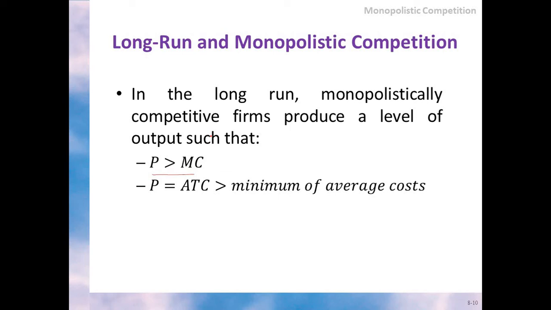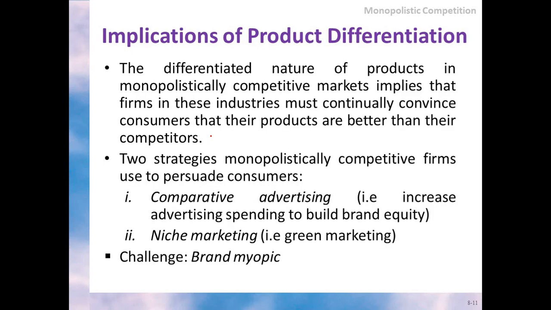When we say market power just now, it means that they are not price takers. They can charge a different price because of the differentiation just now. So product differentiation is a very important characteristic of firms in a monopolistic competitive market structure.